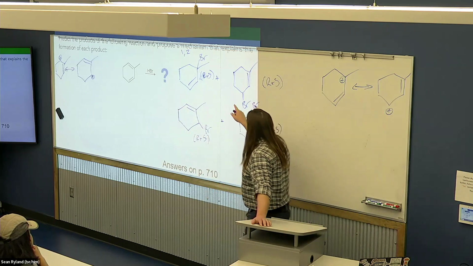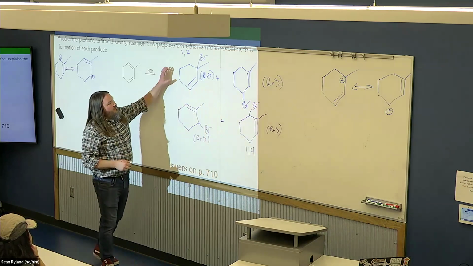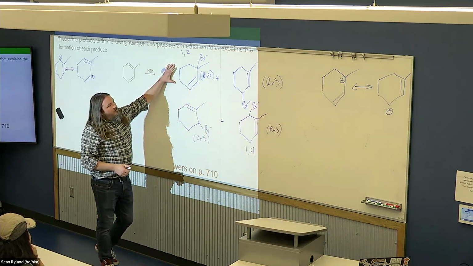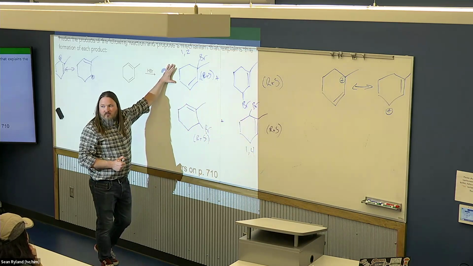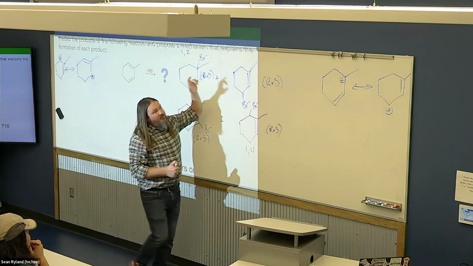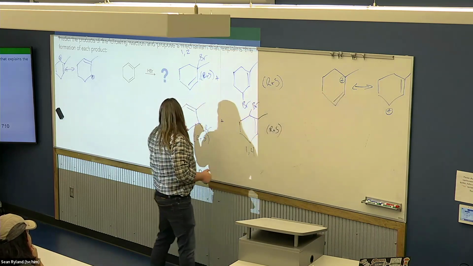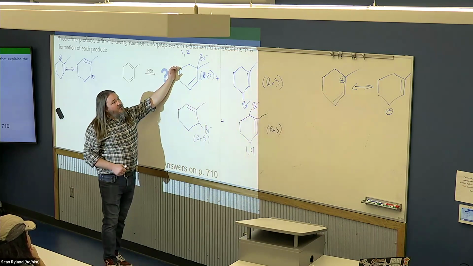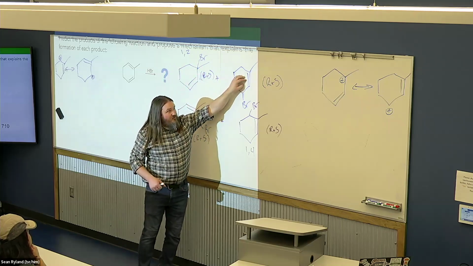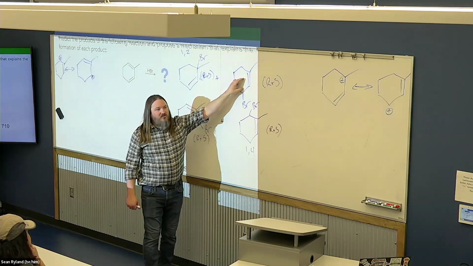So out of these, which is thermodynamically favored and which is kinetically favored? This one's going to be the kinetically favored because it's going to have that lower barrier, putting a positive charge on a tertiary carbocation, and because of the proximity effect. This one's going to be thermodynamically favored because it's the more substituted alkene.